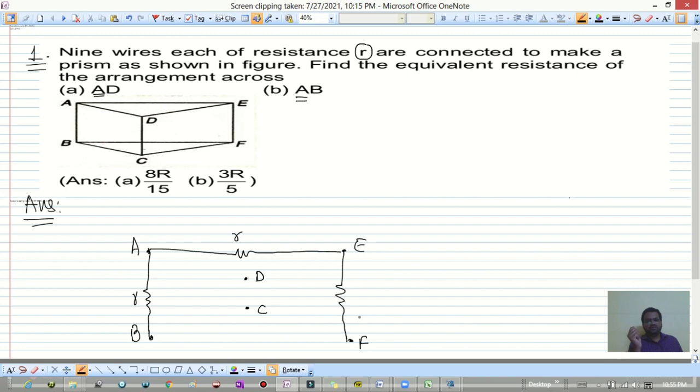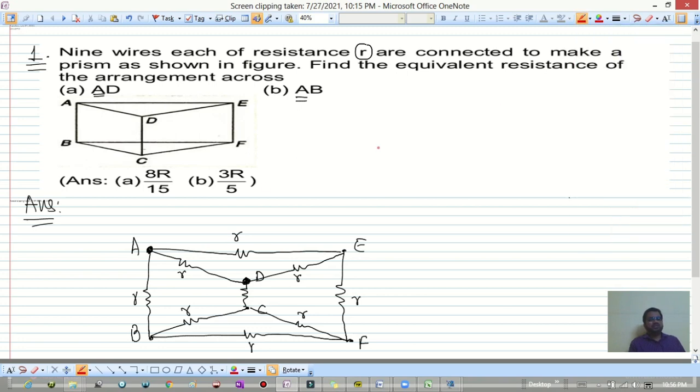Between E and F, one resistance r. Between B and F, one resistance r. Between B and C, one resistance r. Between A and D, between D and E, between C and F, and between D and C. So all these resistances are given. Now we want the equivalent resistance between A and D.